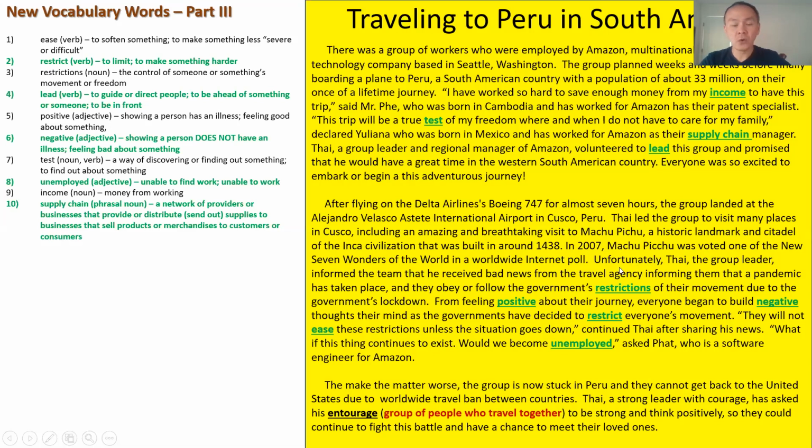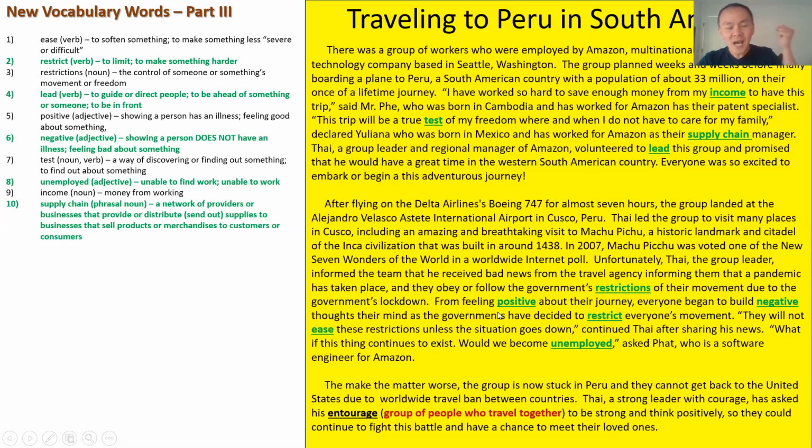Unfortunately, oh wow, this is so unlucky. Tai, the group leader, informed the team that he received bad news from the travel agency, informing them that a pandemic has taken place and they need to obey or follow the government's restrictions of their movement due to the government's lockdown.